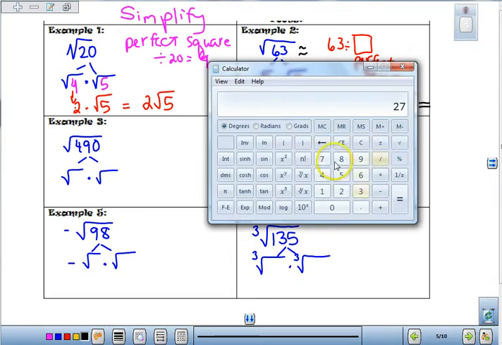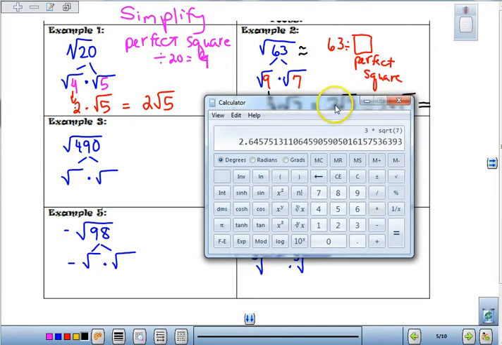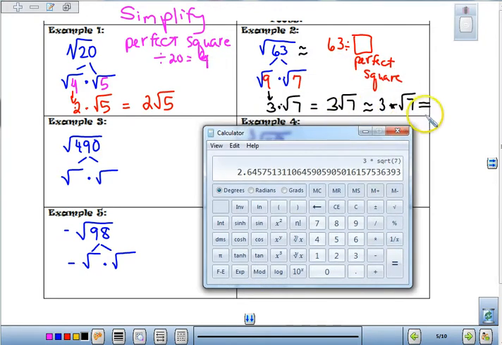If I'm looking at my calculator and I see the square root of 63, I'm going to take 63 and I'm finding the square root. And it comes out to be 7.93. And if I put in 3 times, and then 7 square root, we get 2.645.